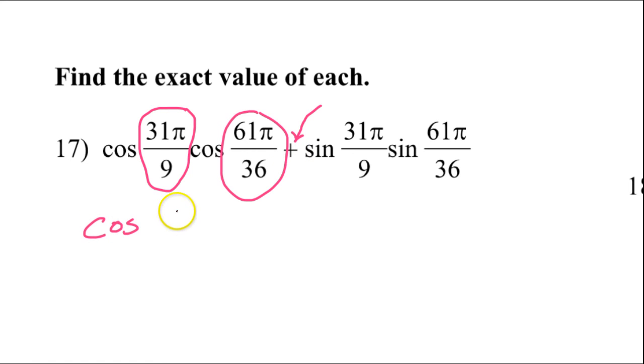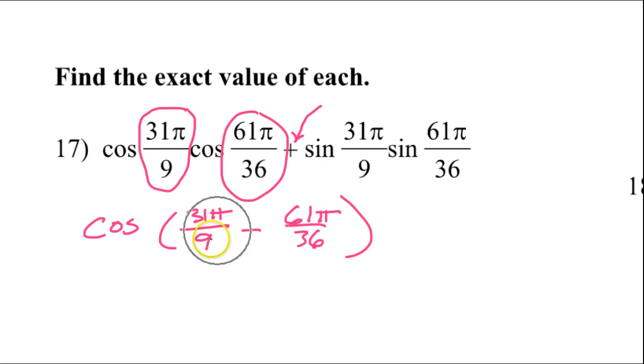So it'll be cosine of 31 pi over 9 minus 61 pi over 36. Now these do not have like denominators, so I really need to fix that by multiplying by 4.